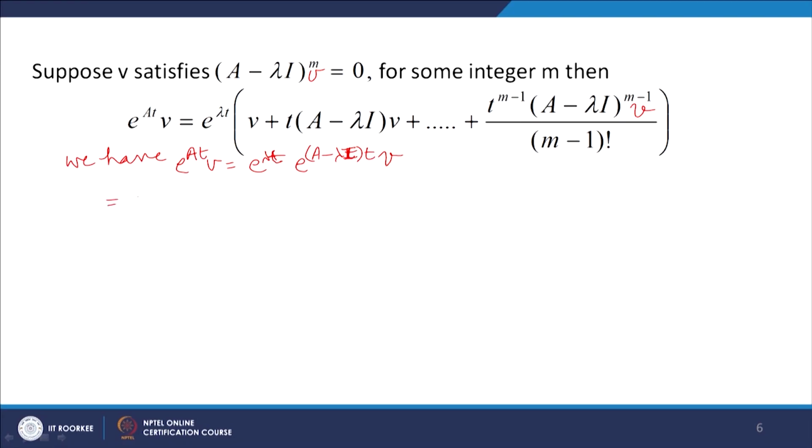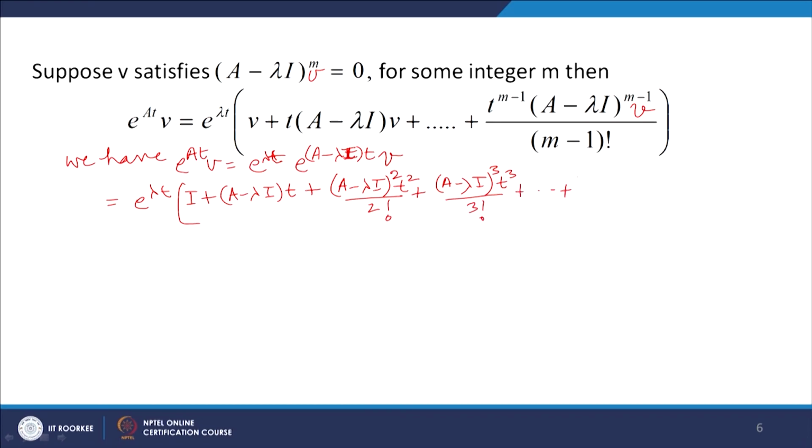So, this is equal to e to the power lambda t, and let us write the expansion series for this: I plus (A minus lambda I) t plus (A minus lambda I) whole square t square by 2 factorial, (A minus lambda I) whole cube t cube by 3 factorial, and so on.